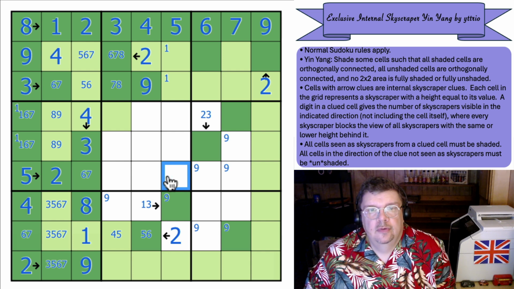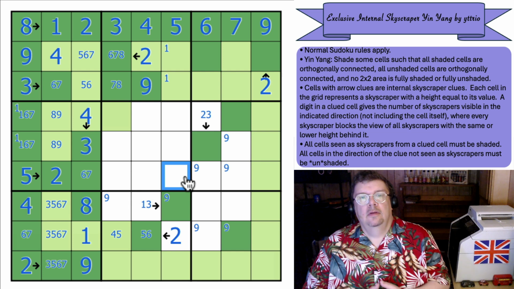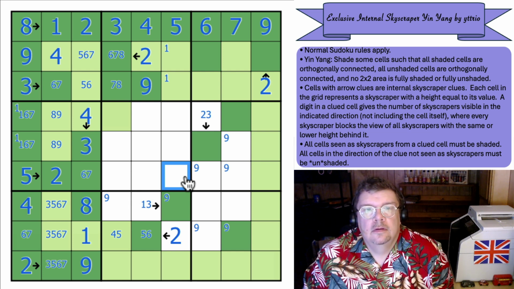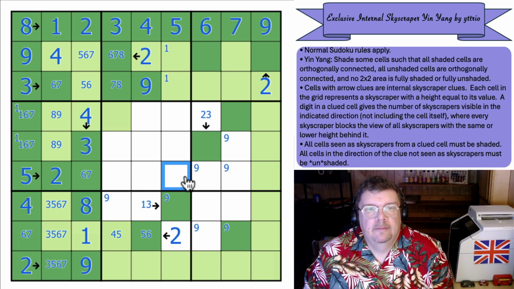So 9 in this box is either here, or it's in one of these 4. I think, yeah. Okay.